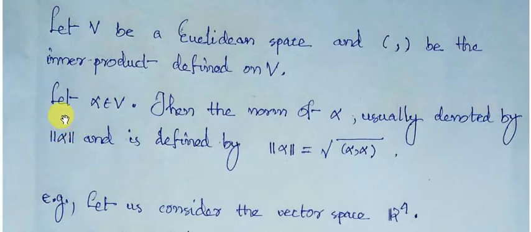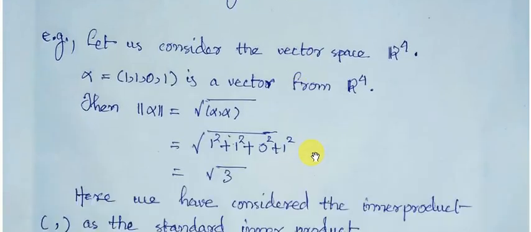Let us now illustrate this norm through an example. Here we have considered the vector space R4. As you already know R^n, and we have restricted the value of n to 4. That means the vector space R4. And we are considering a vector alpha that is equal to (1, 1, 0, 1).